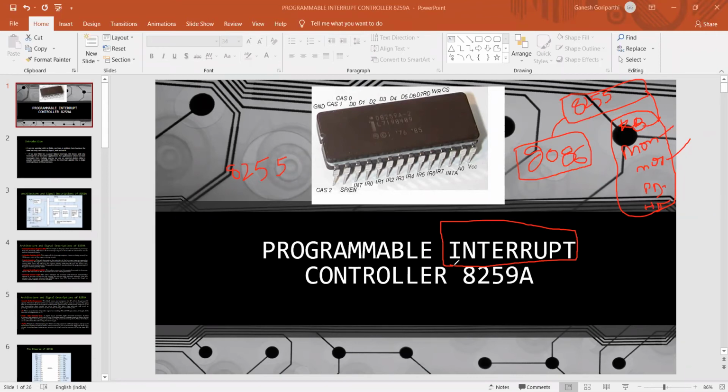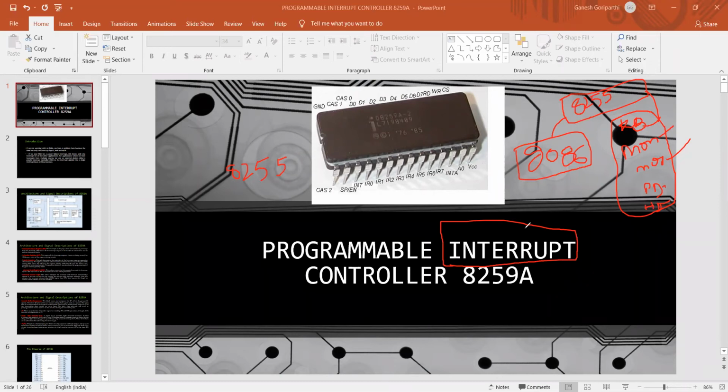The task being performed is stopped for a period of time, and the more important task is taken up by the 8086 microprocessor. That which interrupts the 8086 processor to take up the new important task is nothing but an interrupt.